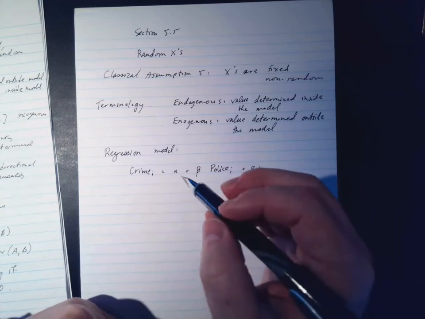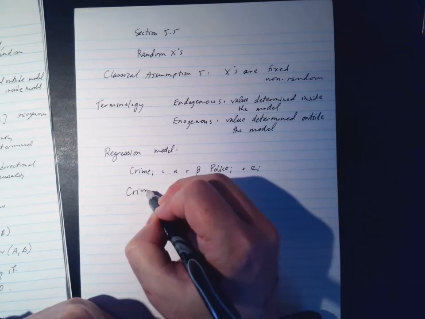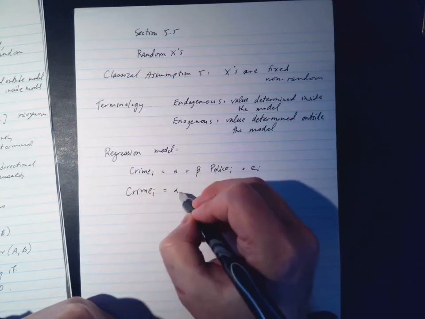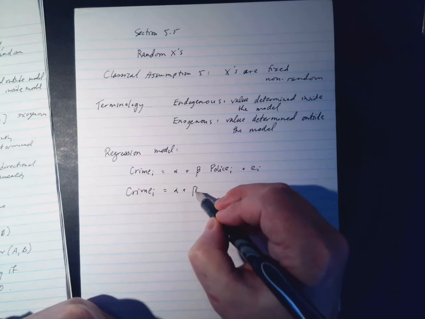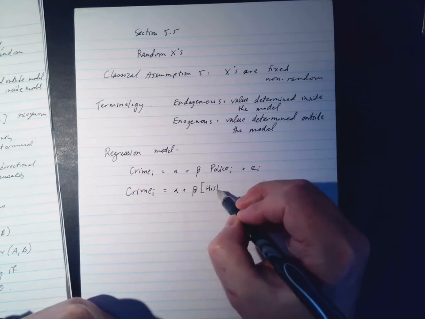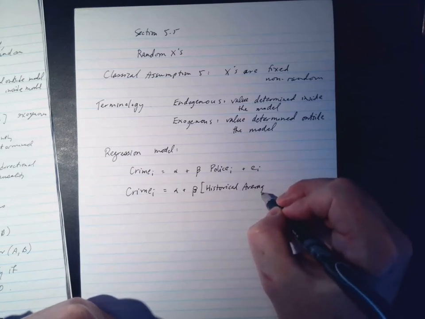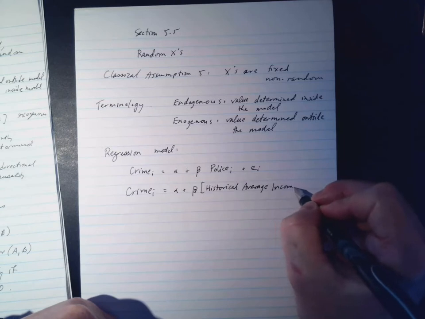Let's think of another example, though. Let's have crime equals alpha plus beta times, let's say we've got data on the historical average income.